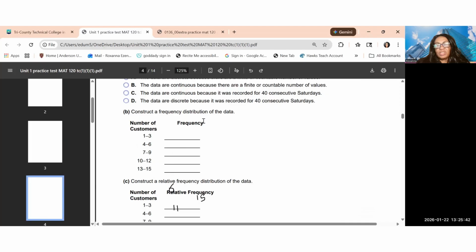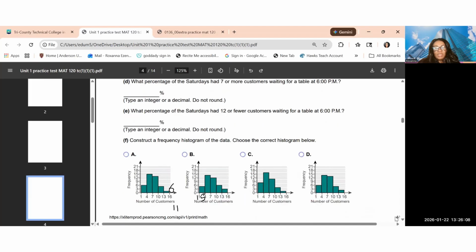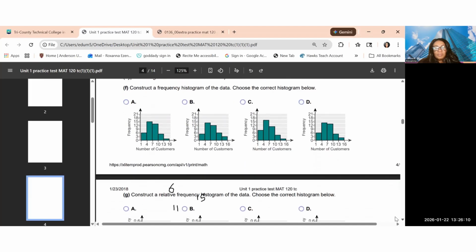You can be told to find the frequency, then also the relative frequency, and answer all the questions. That is exactly the kind of thing we did yesterday: find the frequency, then find the relative frequency.